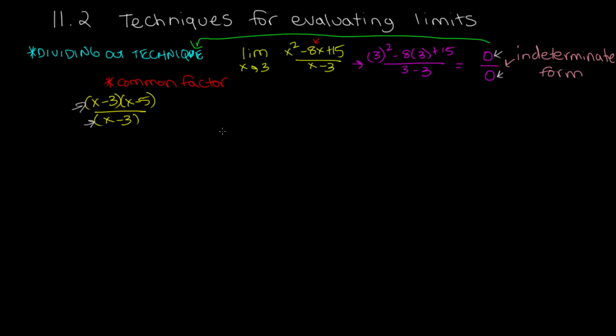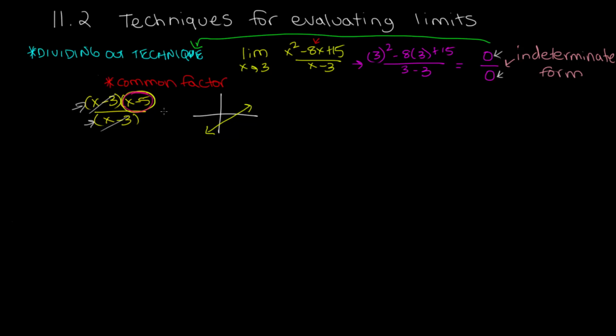So what does this tell us about the graph? It tells us that there is going to be a hole in the graph. If you've studied rational functions, you know that if we have a common factor and we cancel it out, this is how we solve and graph rational functions. This common factor basically means that we have a hole. When we graph it, it looks something like this.